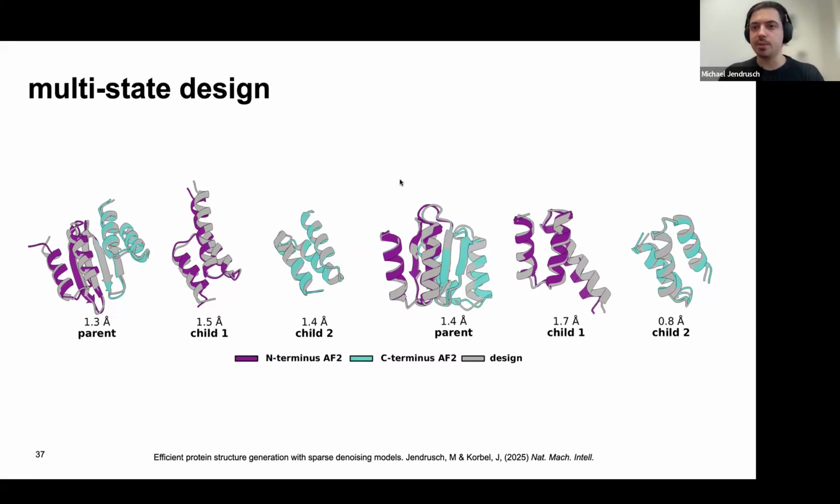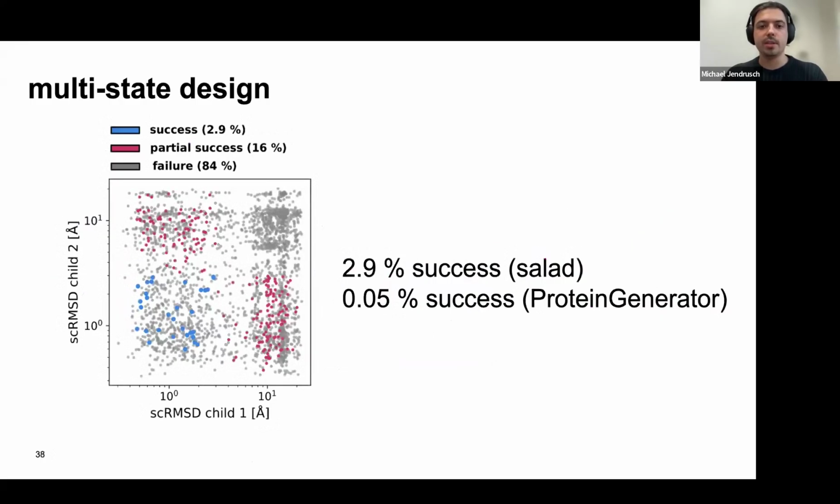And here's a couple examples of how Salad did on this task, where in color you see the predicted structure using AlphaFold 2, and in gray you see the original design for the parent and child structures. But it has to be said that this only worked with a really modest success rate of 2.9% of backbones.